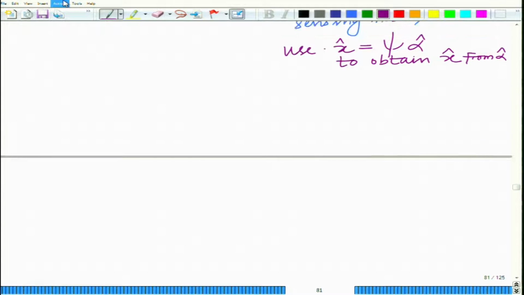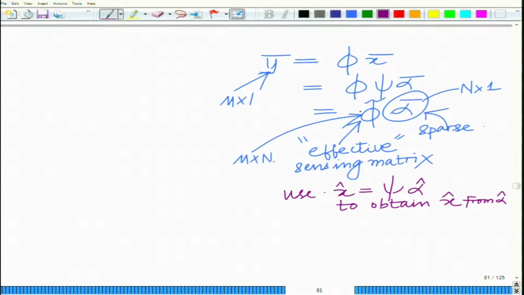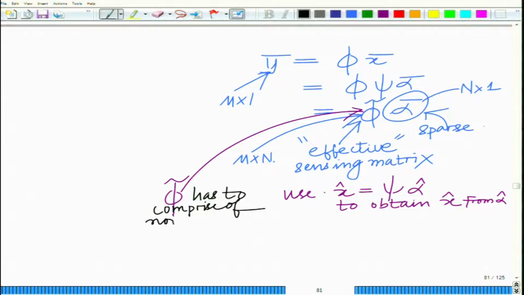Now, if you look at this phi tilde matrix, which is your effective sensing matrix, this has to comprise noise like waveforms.